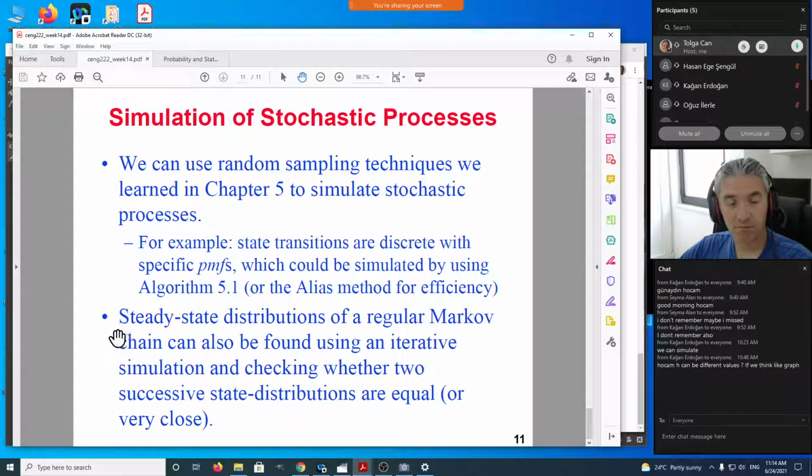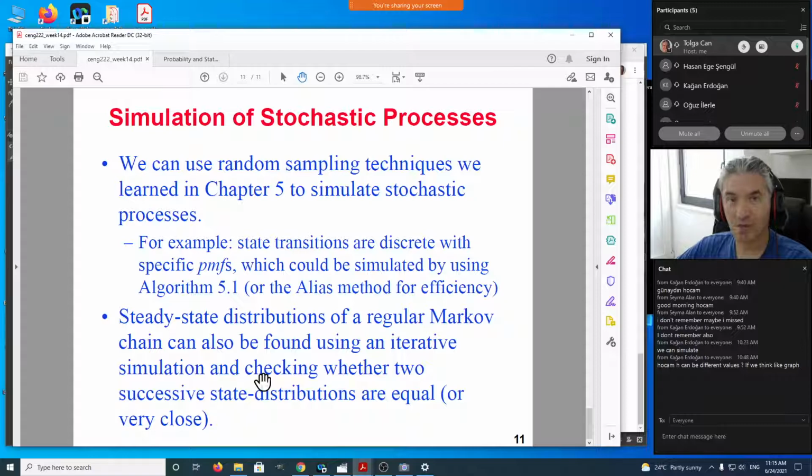I also stated this earlier: even the steady state distribution of a regular Markov chain can be found using simulation, by iteratively jumping from state distribution to state distribution, multiplying the current 1 by n row state distribution with the n by n matrix of one-step transition probabilities. You figure out what will happen in the next time step.